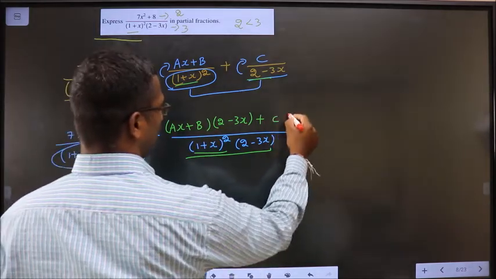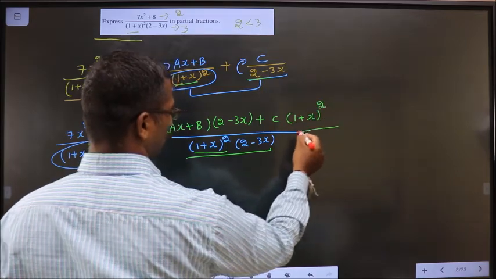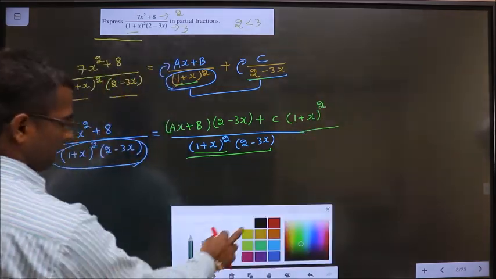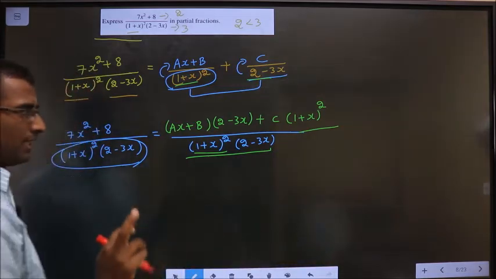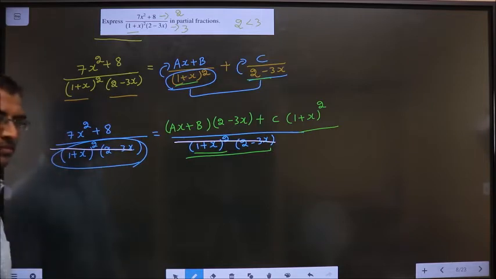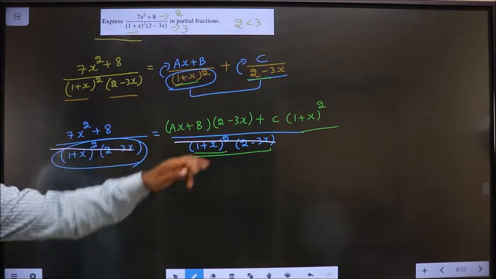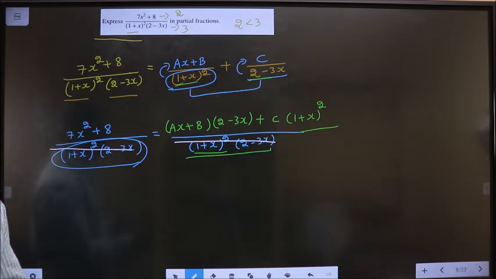Thus it will be c times 1 plus x whole square. Okay. Your next step will be cancelling out the denominators. Cancel out. Now left with only the numerators. Now take different values of x or compare coefficients, you should get the values for a, b and c.